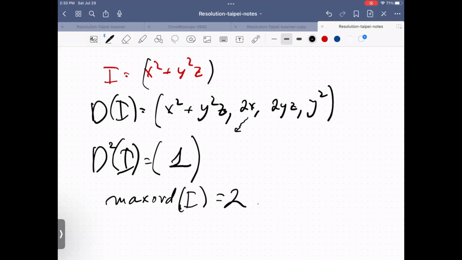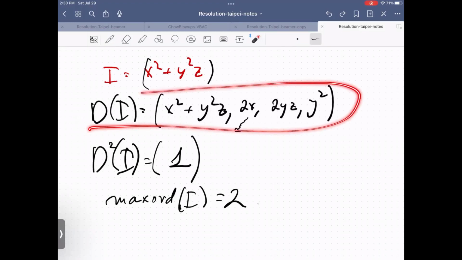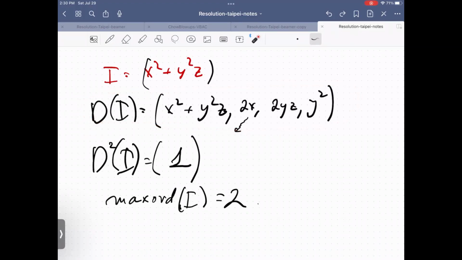What is the locus where the order is 2? The locus where the order is 2 is the vanishing locus of where doing one derivative was not enough. So I need to have x equals 0, I need to have y equals 0, and that's basically it.